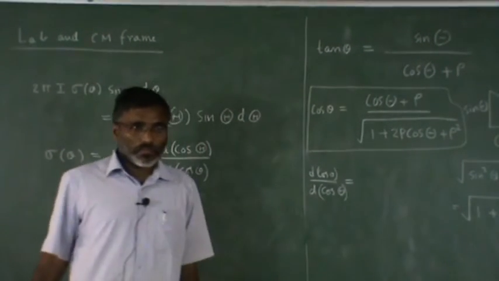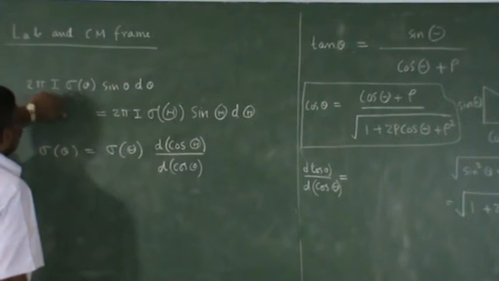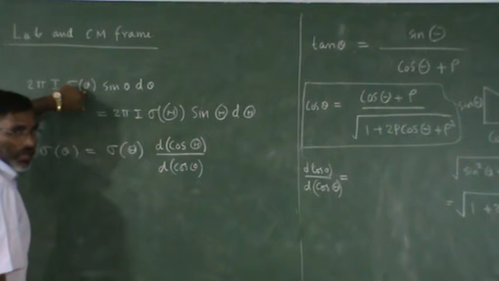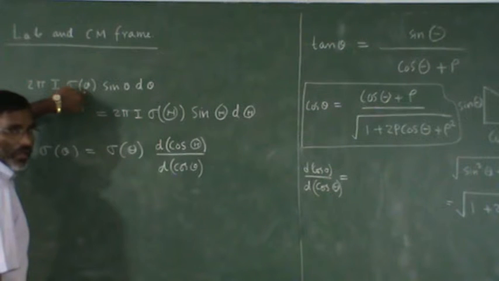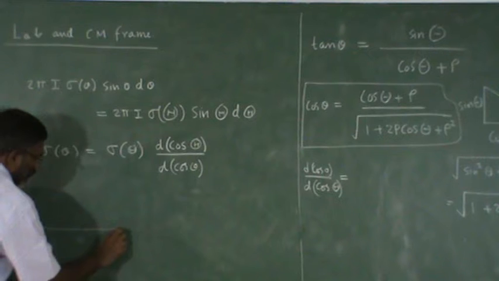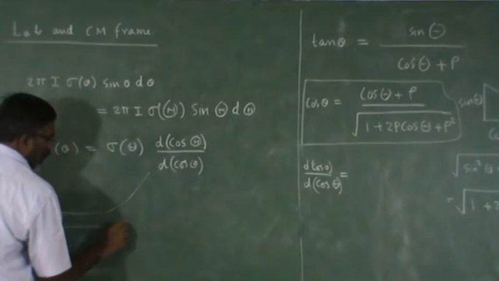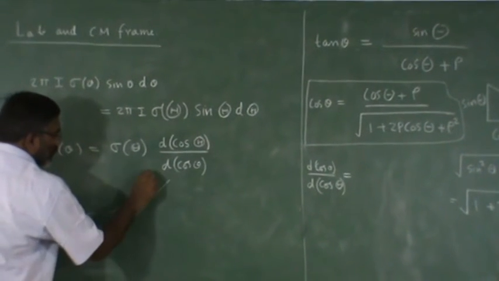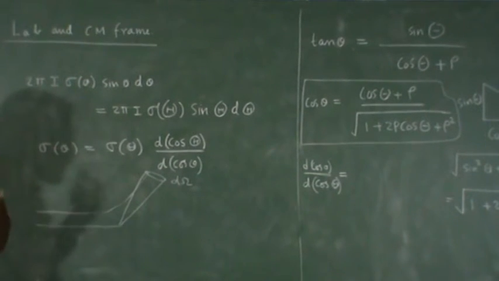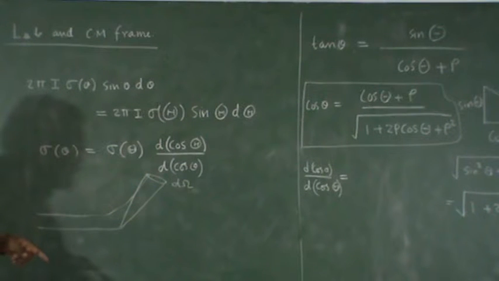What is sigma of theta? This is the differential scattering cross section, correct? That is the number of particles per unit time. If you have a scatterer like this, and you have some solid angle d omega, how many particles are entering into this solid angle? This is proportional to d omega, correct?